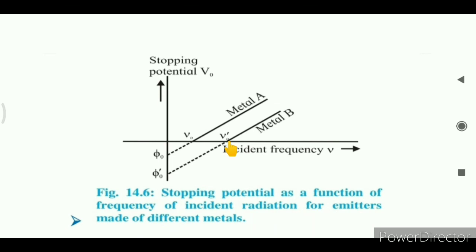After that, as the frequency increases, the stopping potential also increases, but the intercept occurs at a different position. So we can say that the nature of the graph for metal A and metal B is the same. That means for different metals the slope of such straight lines is the same, but the intercepts on the frequency and stopping potential axes will be different.